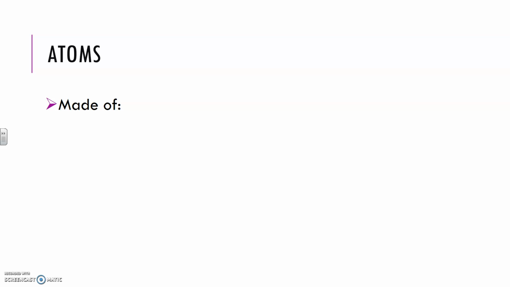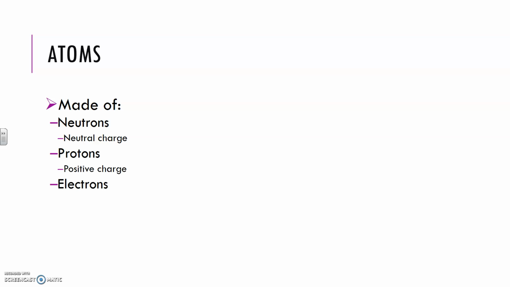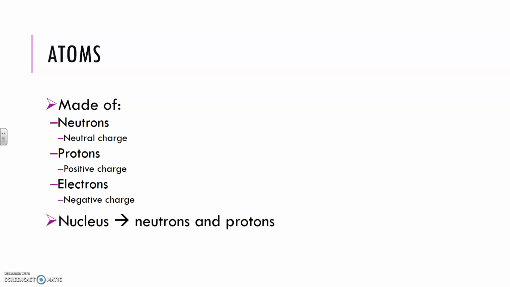Atoms are made up of three subatomic particles. You have neutrons, which have a neutral charge, protons with a positive charge, and electrons with a negative charge. Inside the core of the atom you have a nucleus. That is where the neutrons and the protons hang out. So the nucleus has a neutral charge and a positive charge.